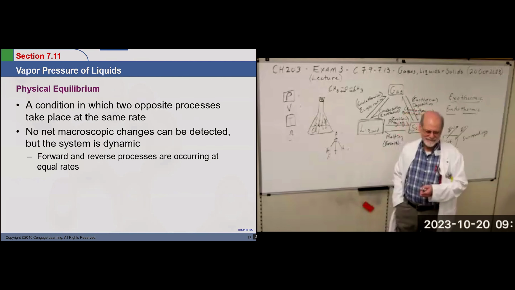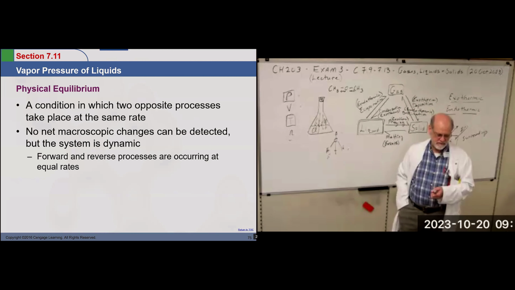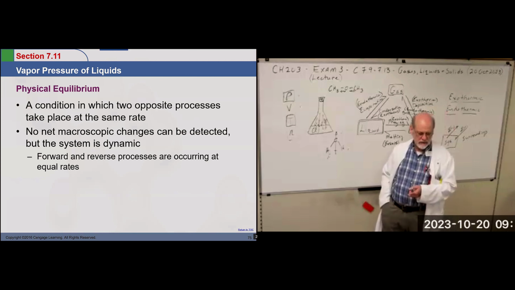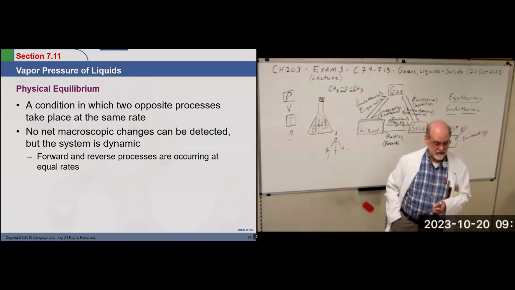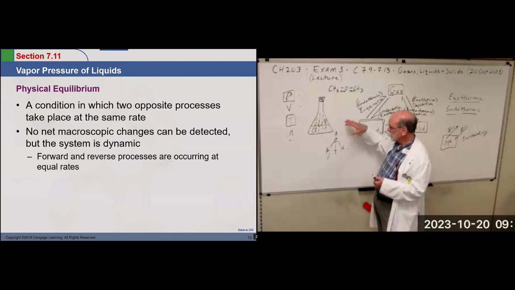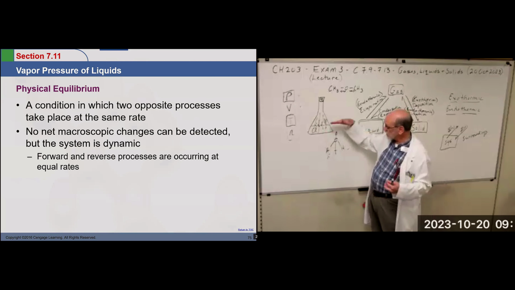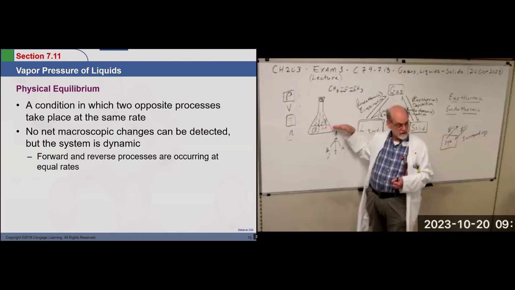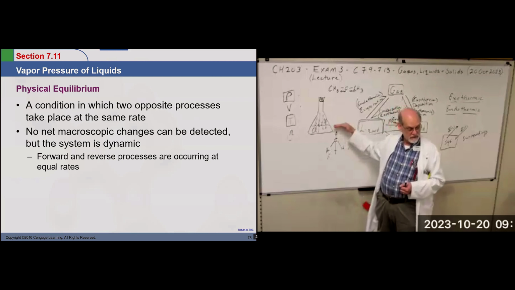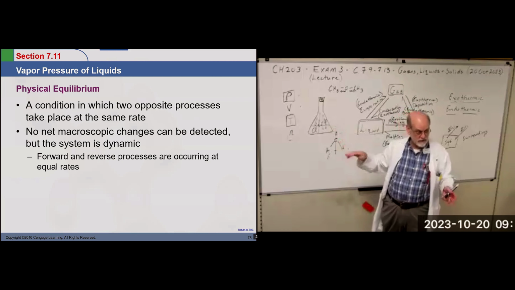Well, for this course, we're not gonna talk about those equilibrium calculations that you can do. Suffice it to say that it's established, and you can see it macroscopically. You can see the change. Actually, in the beginning, you can see the level of the liquid drop. And when equilibrium is established, it stops decreasing. The volume of your liquid doesn't change anymore.